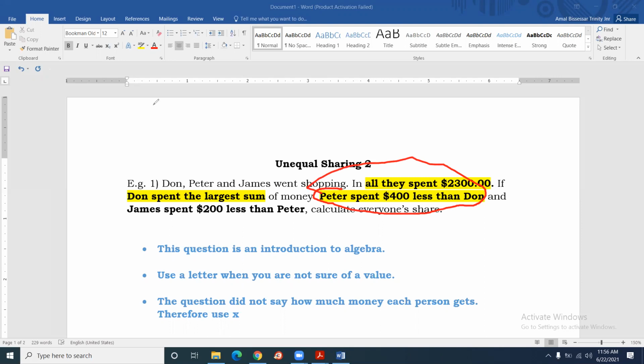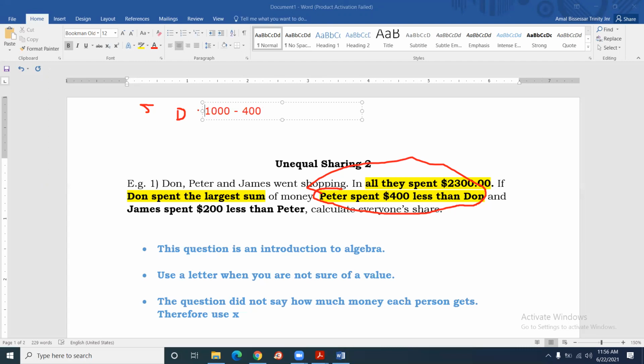So if I just give Don, let's say I'm just putting a number. If I say Don is 1,000, then I will be able to say Peter would be 1,000 minus $400 less.